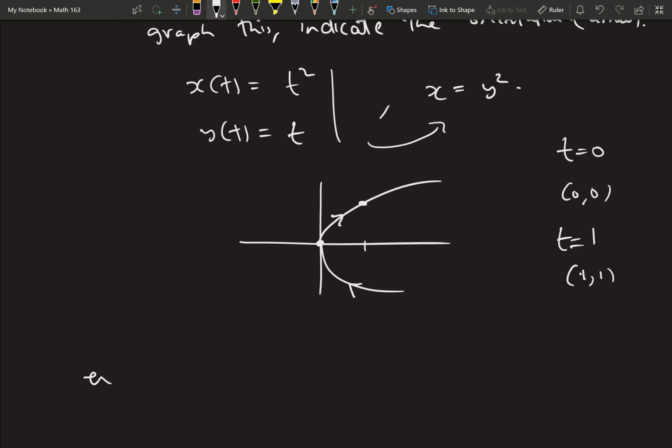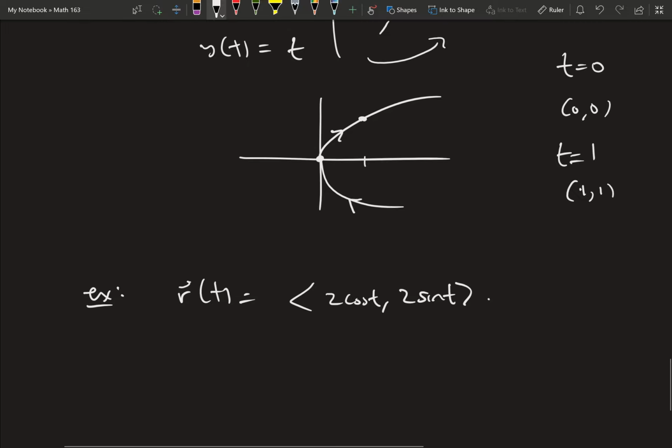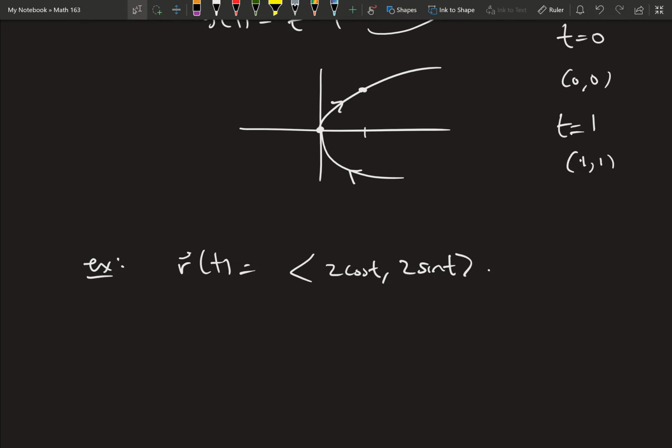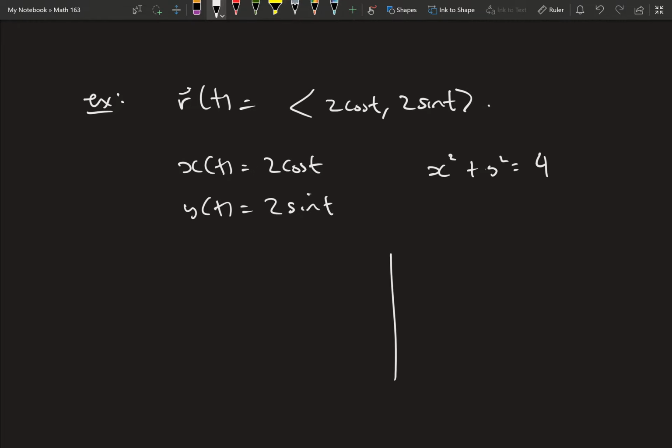Let's do another example here. r of t is 2 cosine t, 2 sine t. You probably have seen this parameterization at some point, maybe when you did polar coordinates. Note that here x squared plus y squared is equal to 4, and hence this curve corresponds exactly to the circle of radius 2, centered at the origin.